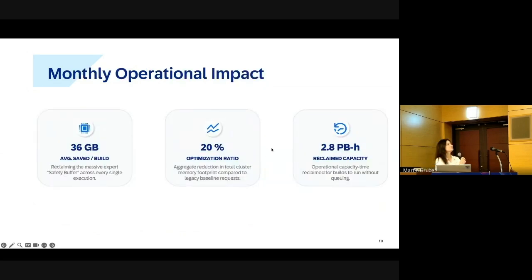And now, before concluding the monthly operational impact, what we have here is that for each build, on average, we save around 36 gigabytes of memory. This is also, let's say, the safety buffer that we managed to recover from the runs.